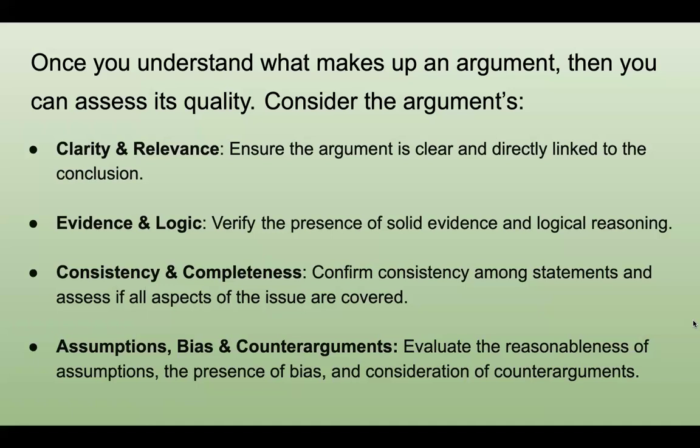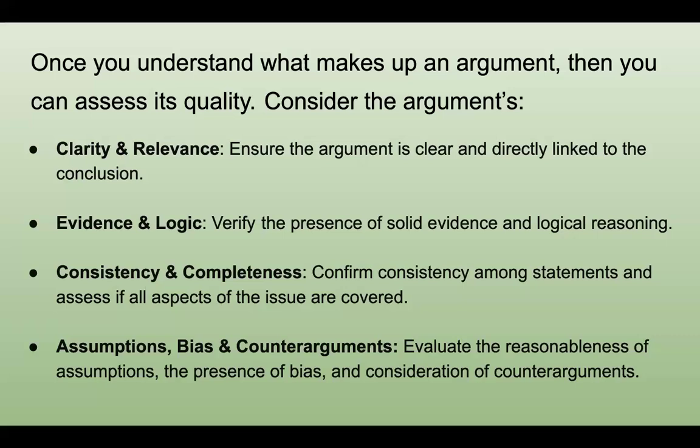Great. So now that you're able to identify the parts of the argument, you can dive into how you assess the quality of an argument, right? This is where evaluating an argument comes into play, because not all arguments are created equally.